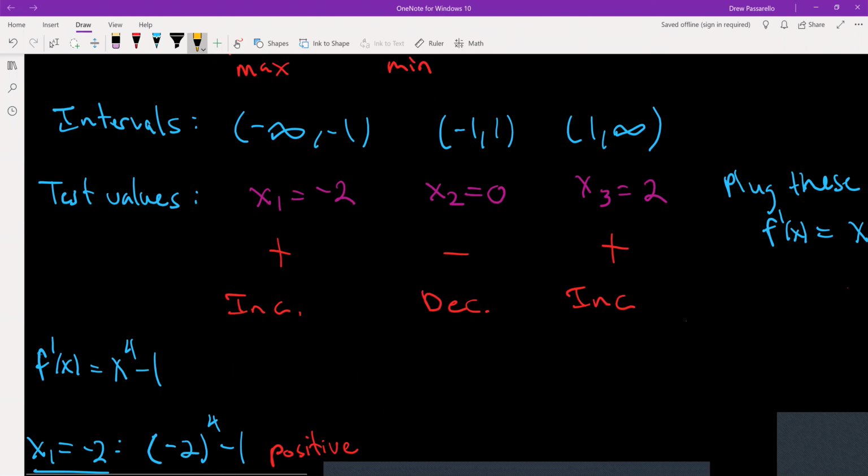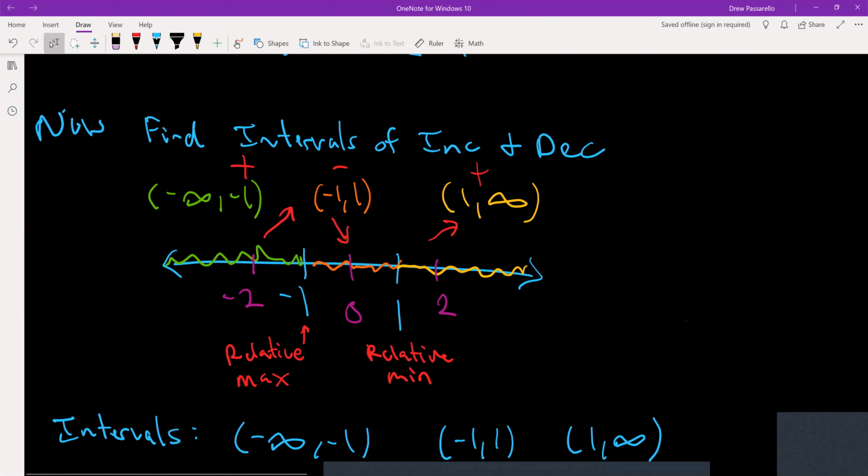And again, the first one's a max because to the left of -1, that interval is positive for its derivative, which means the graph is increasing, and then it switches to decreasing around -1, and then around 1 it switches from decreasing to increasing, so that's why that one's a relative min, and the first one's a relative max.